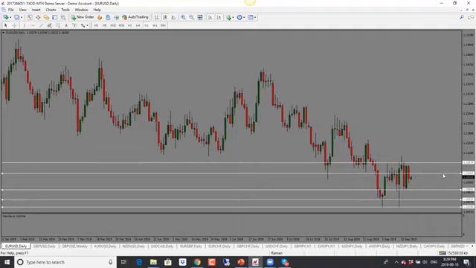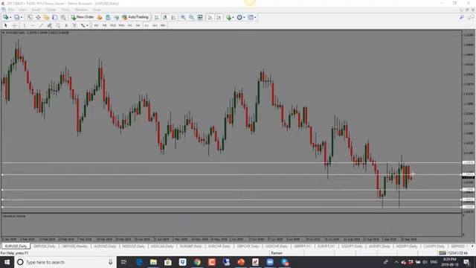Bias here is bearish, but I would look for a bit of a pullback, potentially into 1.1050, and then a further drop to the downside. First target is 1.0980. Second target 1.0950. Third target 1.0920. So bias is bearish here for euro dollar.